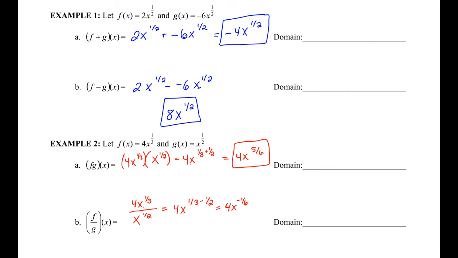And then because we don't like negative exponents, we're going to drop the x to the denominator to create a positive exponent. So 4 over x to the 1/6. And again, we're going to talk about the domains tomorrow in class.